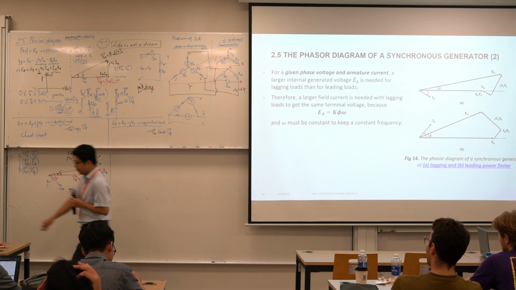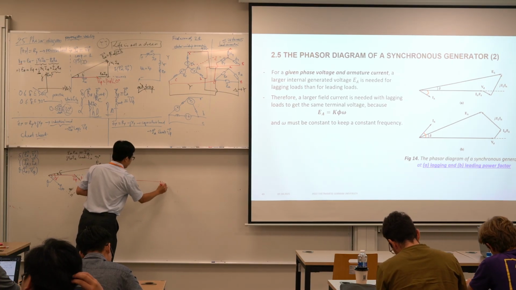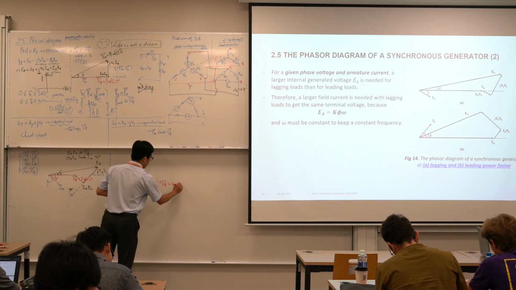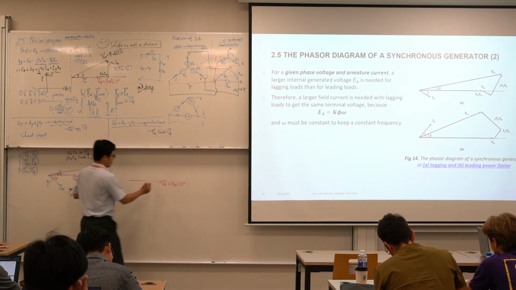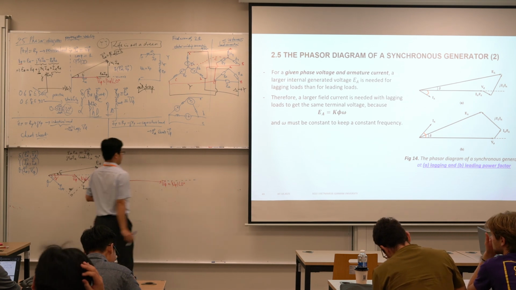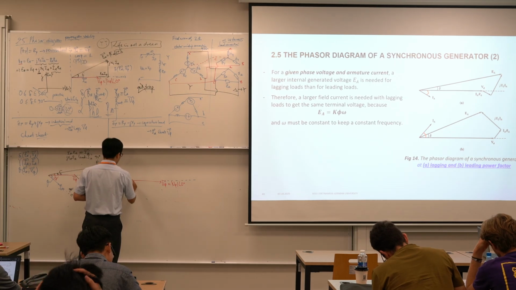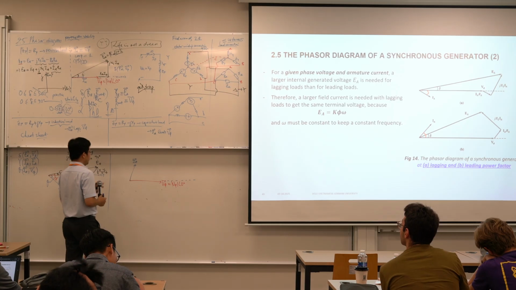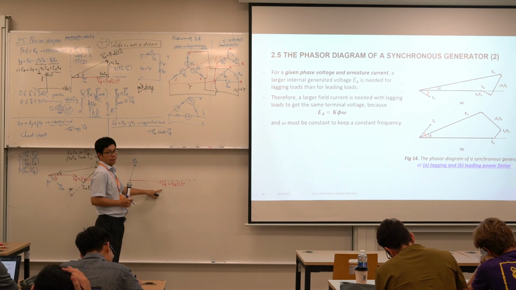If here we have V phase with the phase angle 0 degree, and now IA here, because IA is leading the phase.